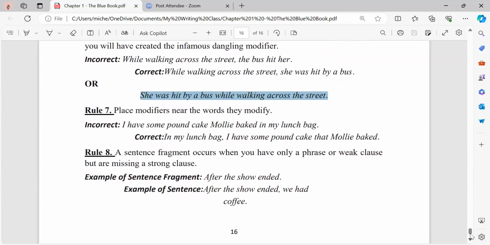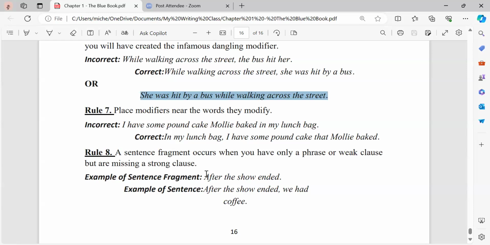Now we are on to the last two rules before I give an example of some writing materials. So rule number 7, we have place modifiers near the words they modify. So the incorrect one: I have some pound cake Molly baked in my lunch bag. The correct one should be: in my lunch bag, I have some pound cake Molly baked.